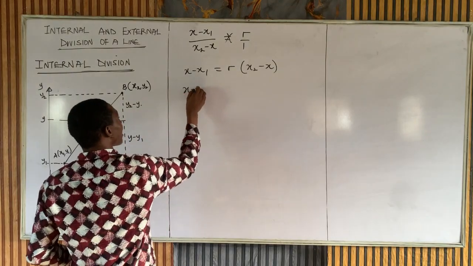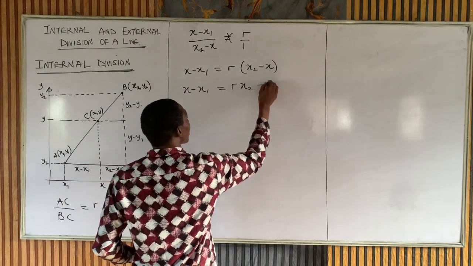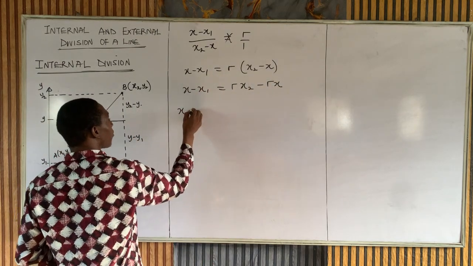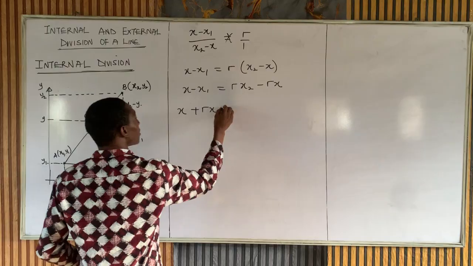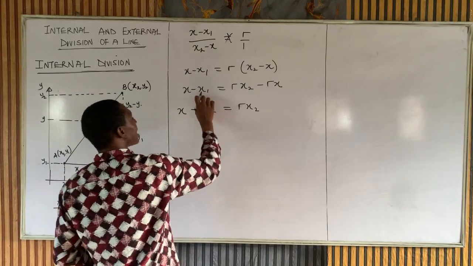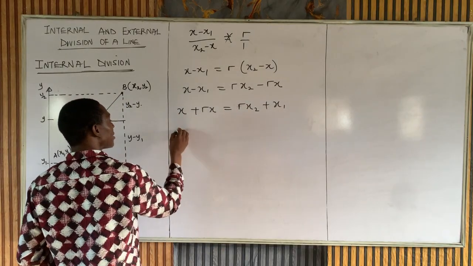And this will give us x minus x1 being equal to rx2 minus rx. Now bringing this rx here, there's already an x here before, plus the rx is equal to rx2. I'm bringing this x1 here, plus x1. And so what's common here is just x.